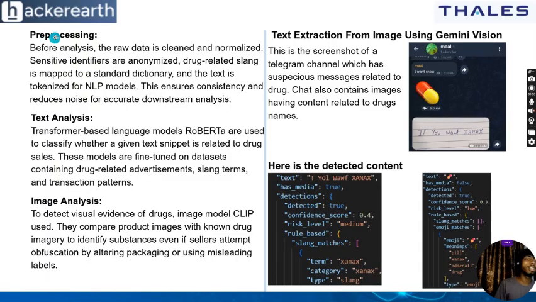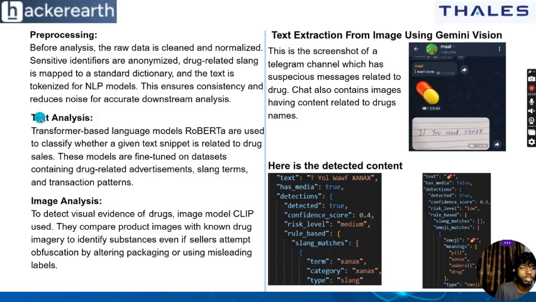Then comes the second step, that is pre-processing. Before analysis, the raw data is cleaned and normalized, so that for detection of drugs it becomes easier to classify what type of drug it is, how harmful it is, and what the risk score and confidence score of that drug or of that group is.